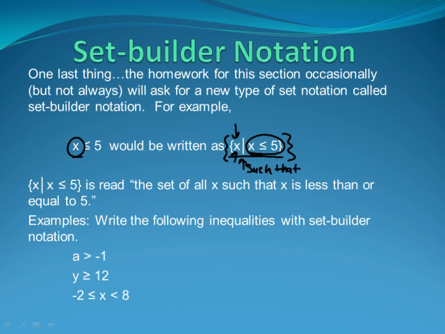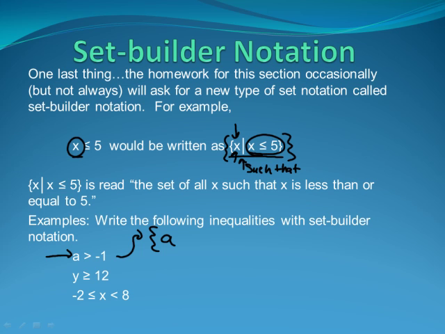So let's do 3 examples here. We want to write the following inequalities with set builder notation, where starting here, remember you are going to need bracket notation. Okay? Since the variable a is in this inequality, a is greater than -1, that is the variable that you will also use in your set builder notation.